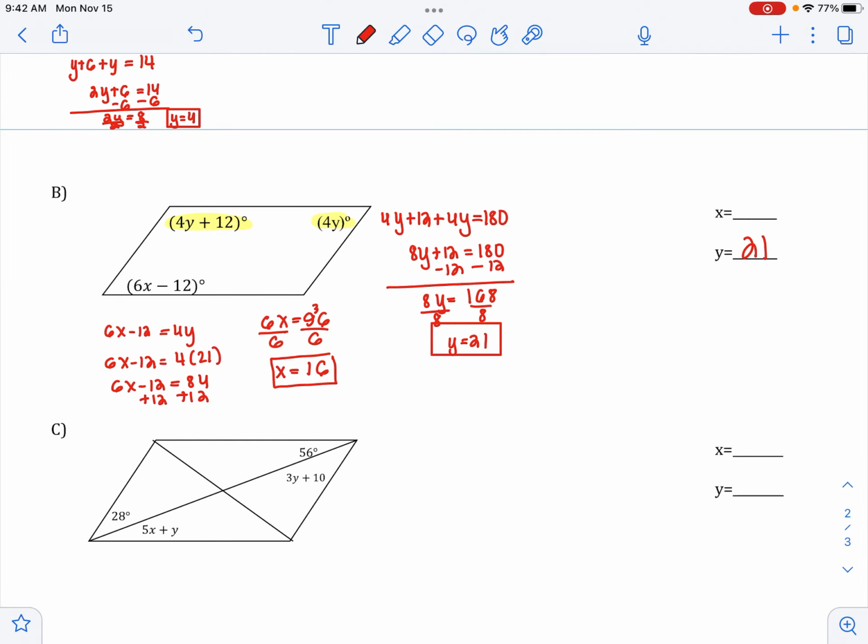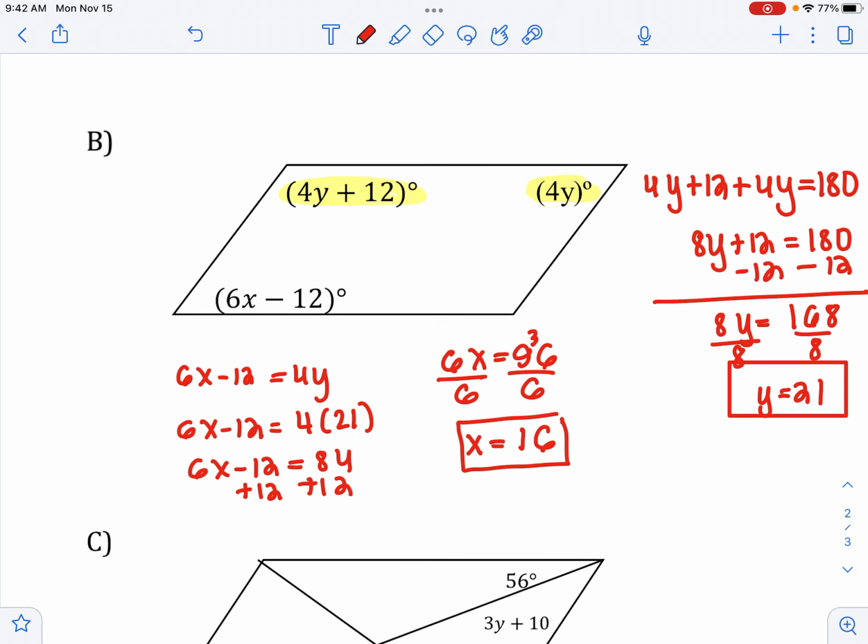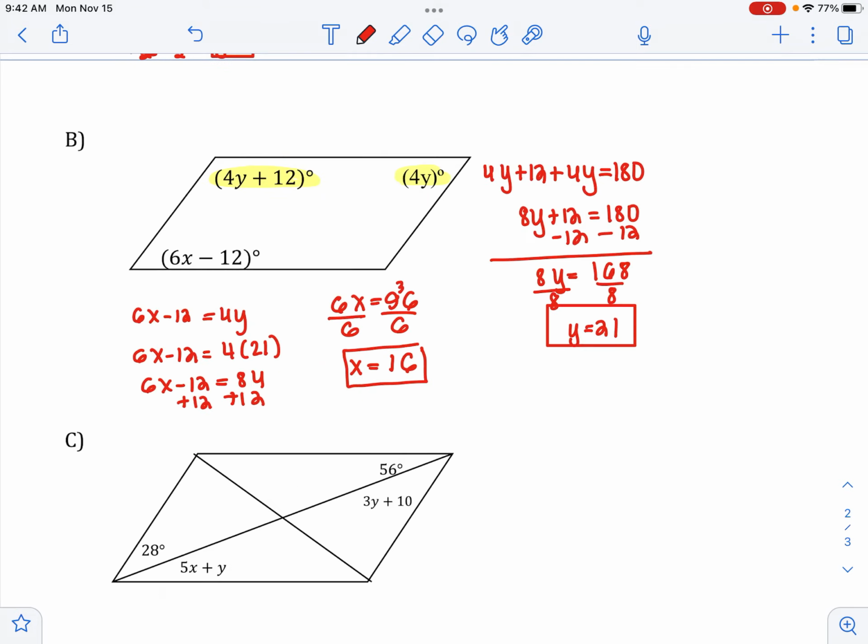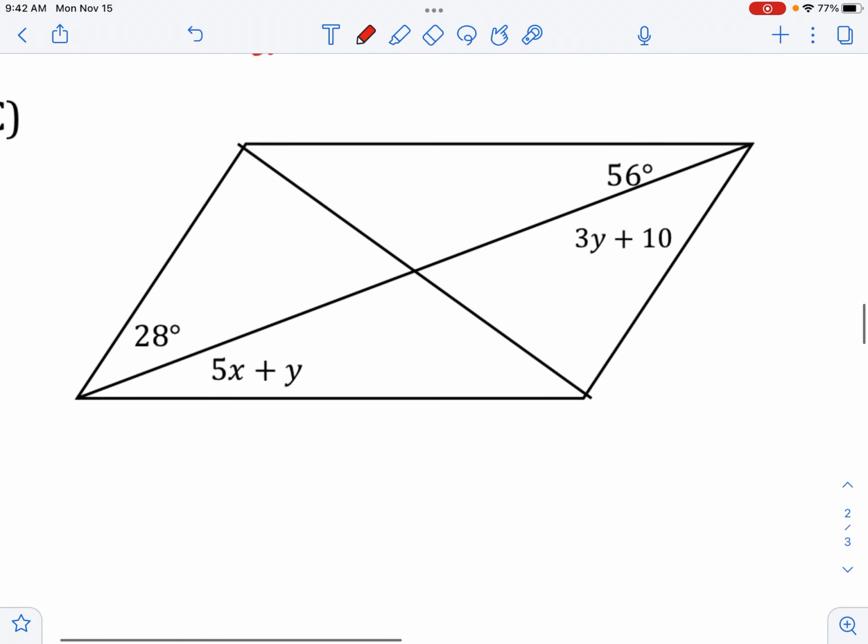So x equals 16. So notice sometimes you need a system, sometimes you don't. If you would have written this as your other equation, those two add to 180, you'd have to make a system. But notice we could avoid that by using both ones with y in it.